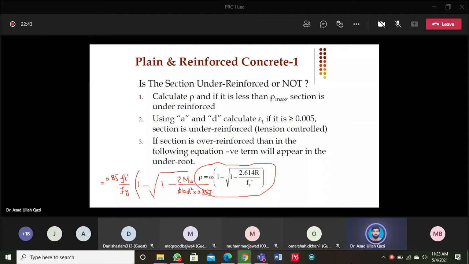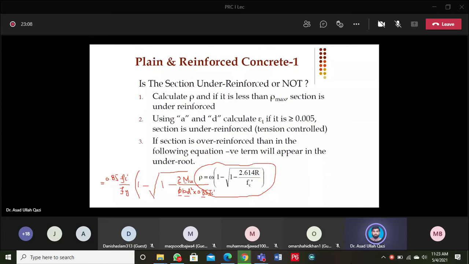Either you use this in this shape and calculate R separately and then put it inside and calculate omega separately, but actually 2 over 0.9 into 0.85, the answer will be 2.614, and R is actually Mu over bd square.